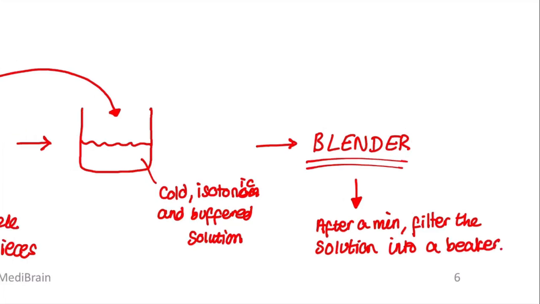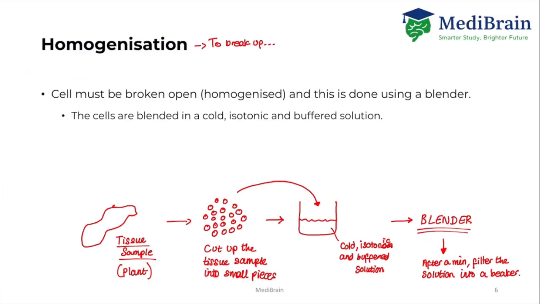That's to remove any large pieces that are still there after blending it. We don't want any large pieces to be present. We basically just want dissolved solution to be present.